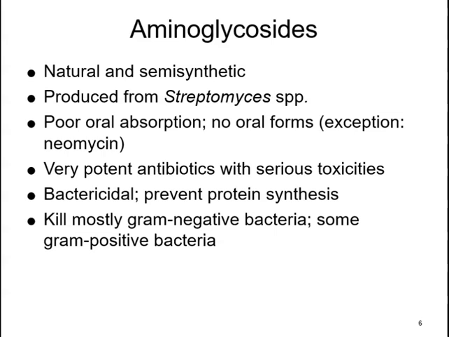In fact, Selman Waksman won the Nobel Prize in 1952 for the discovery of streptomycin, and he was the first to coin the phrase antibiotic. And Albert Schatz was also recognized eventually as being a co-discoverer of the aminoglycosides.